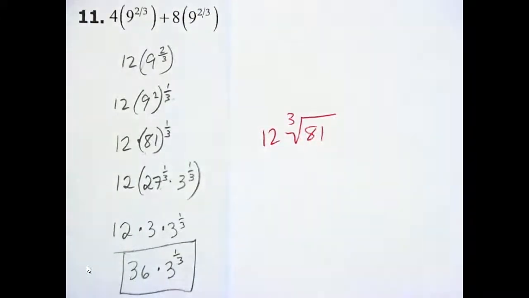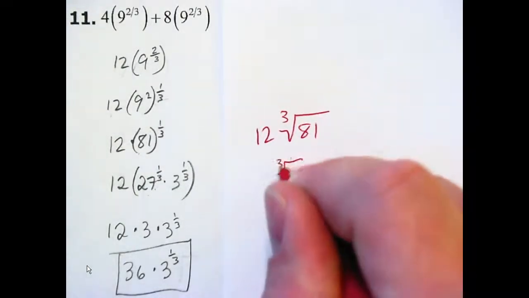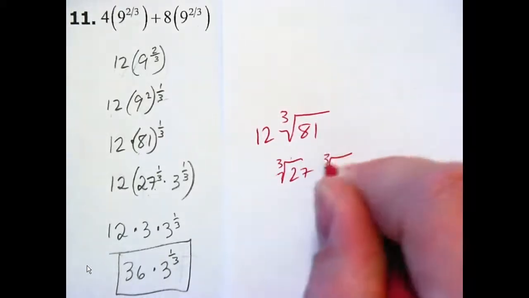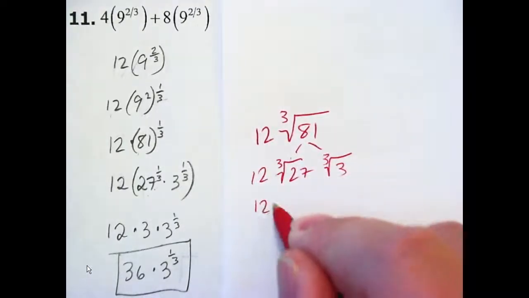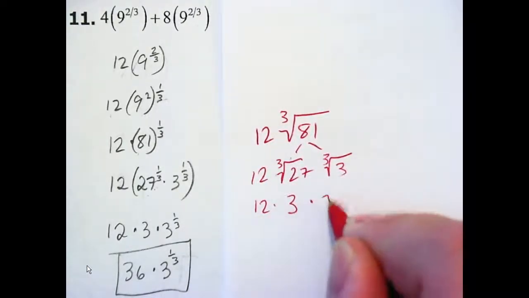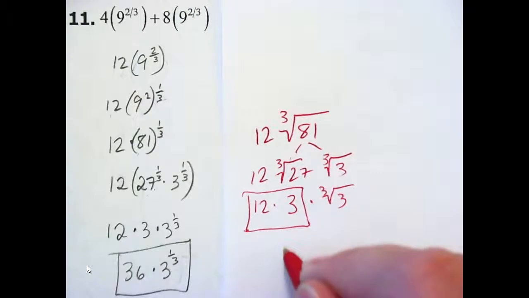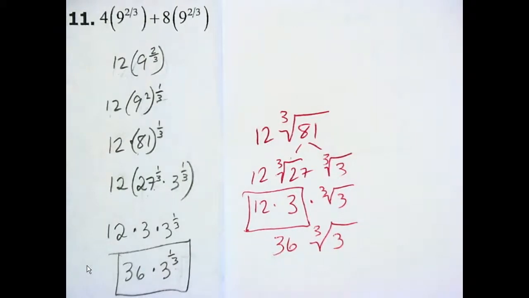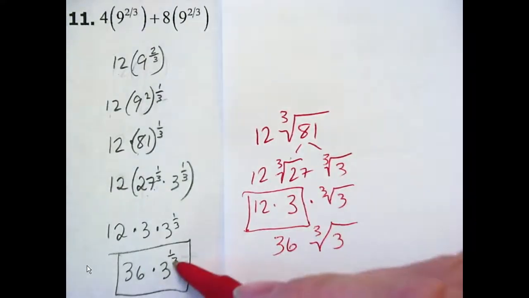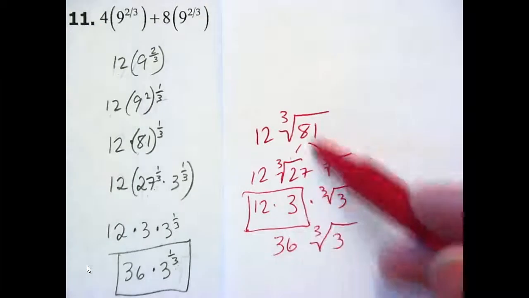And then you could break apart the cube root, that's the cube root of 27 and the cube root of 3. And times 12, this is 3 then, and the cube root of 3. From there, this part becomes 36 cube root 3. We're just leaving it in the fraction form because it started in fraction form with the exponent versus radical form. So if it starts in exponential, leave it in exponential at the end. But if you want to switch it in the middle to root form so that it helps you out, you definitely can.